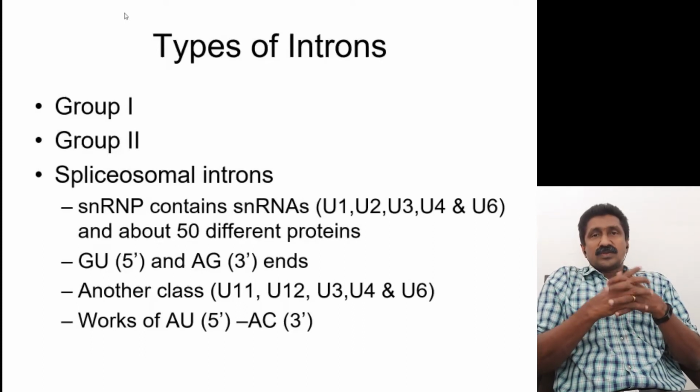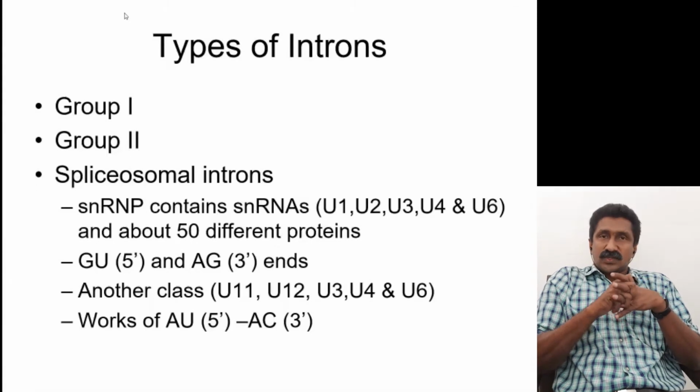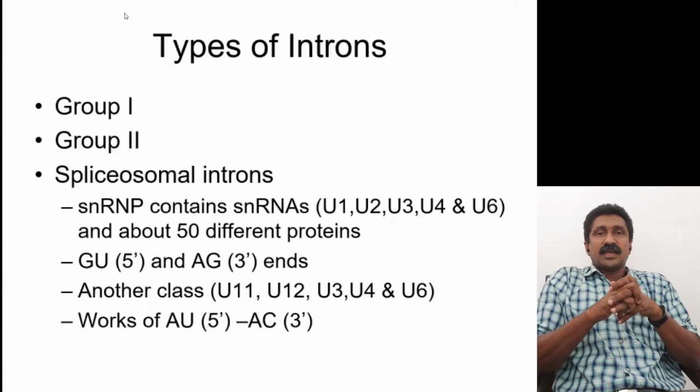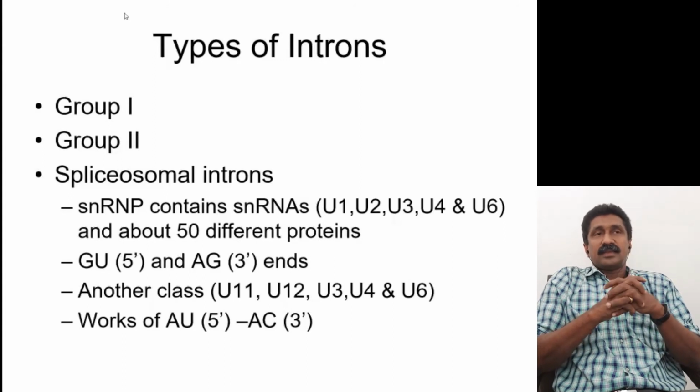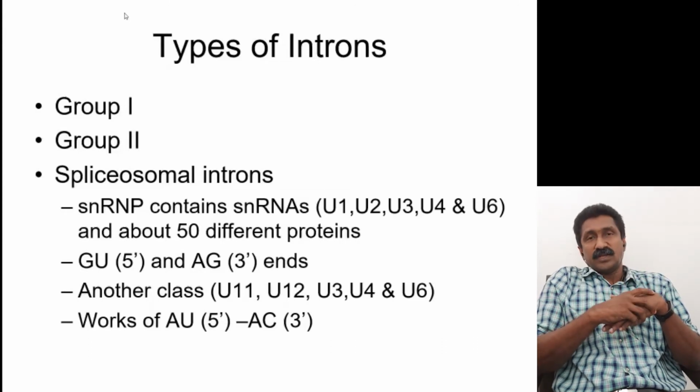There are group 1 introns, group 2 introns, and spliceosomal introns, which require a complex of proteins and RNA, that is, a spliceosome, for the splicing of the spliceosomal introns.